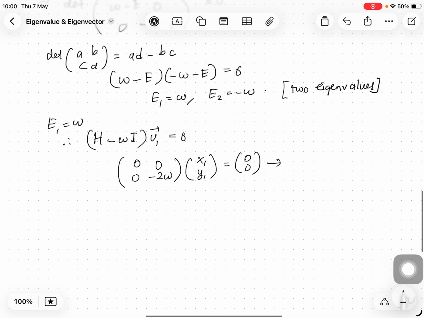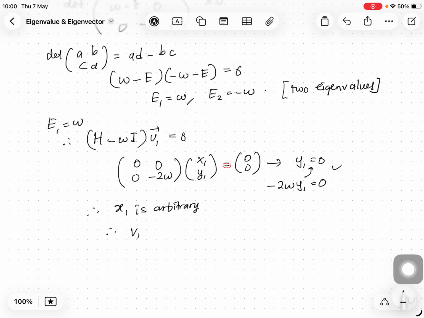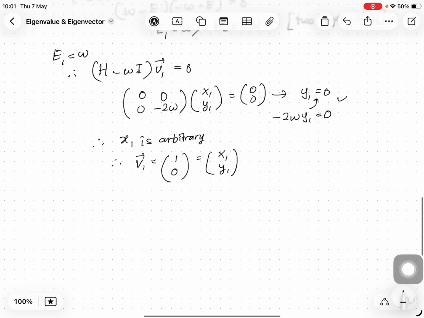For this, your y1 is definitely 0 because 2 omega y1 equals 0. Therefore, your x1 is arbitrary. Then your V1 vector, you choose 1, 0. This is your x1, y1.